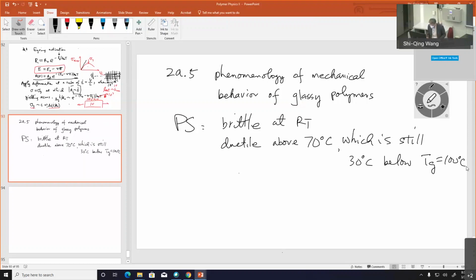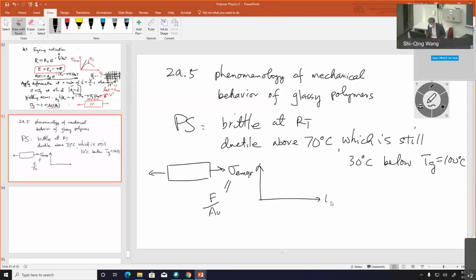So if you just blindly take your sample, you start to draw, which is tensile extension, and you record your stress in the sense of engineering stress, which is just force per original cross-sectional area, as a function of draw ratio.